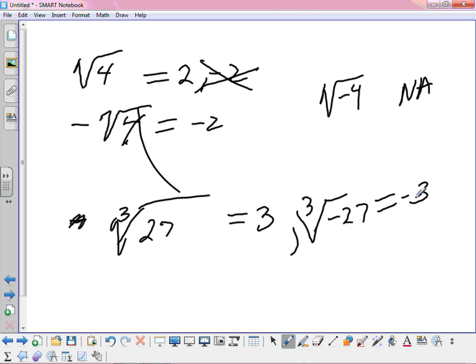And that's what I was referring to. All these rules work as long as things are defined. So cube root of minus 4 makes sense as some number, but square root of minus 4 doesn't.